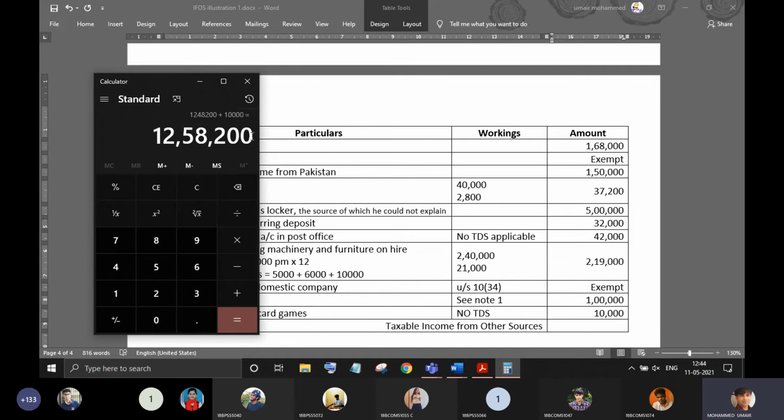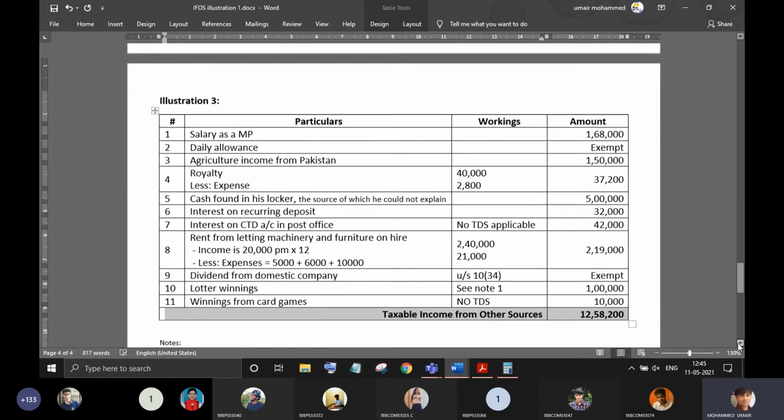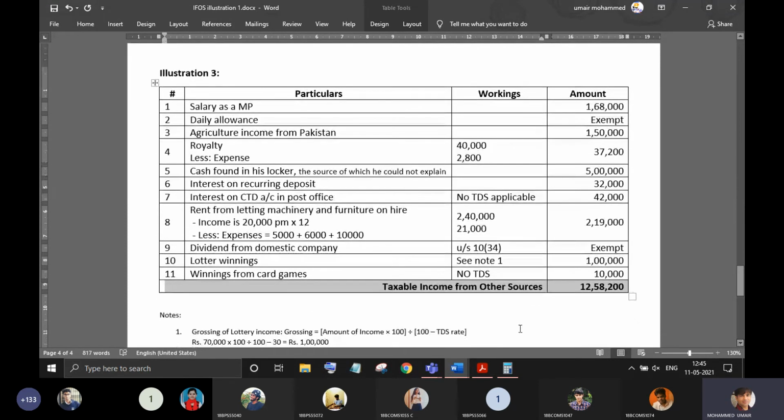We get 12,58,200. Just cross check once. So with this we complete the third illustration and we conclude today's session also.